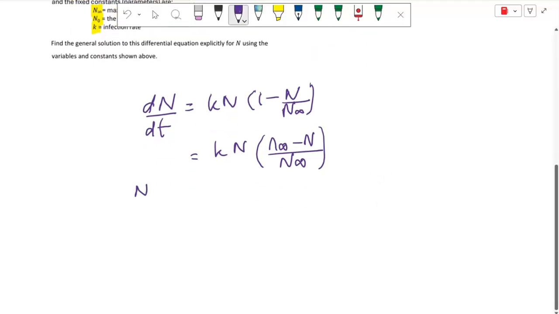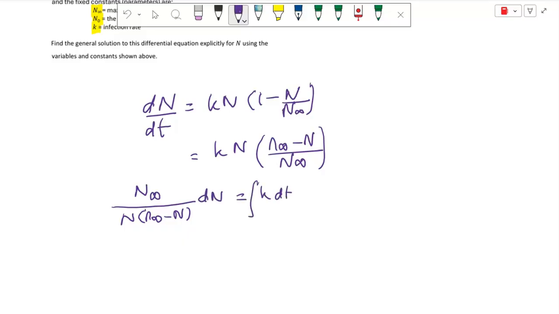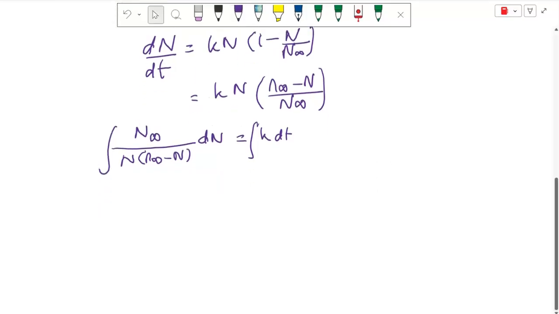Well, we're going to have N infinity over N times N infinity minus N dN is equal to K dt, as we always do, and we're going to integrate both sides. Now on the left-hand side, we're going to do some partial fractions work first, because we can see that we can't easily integrate that.